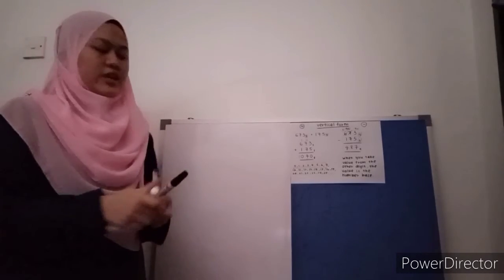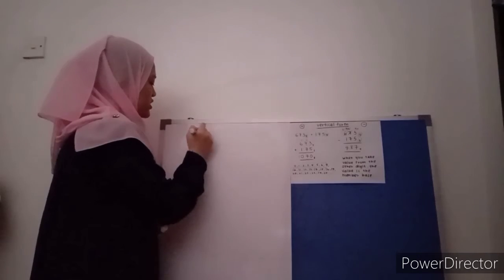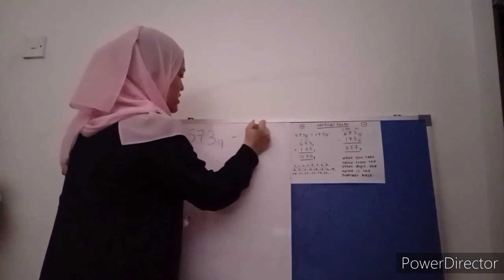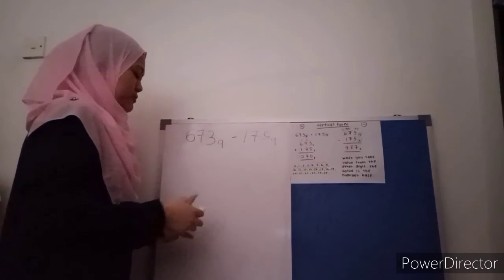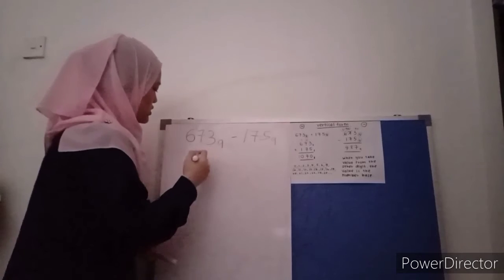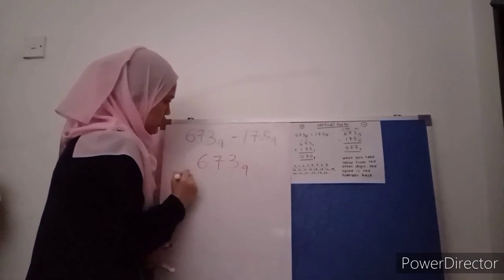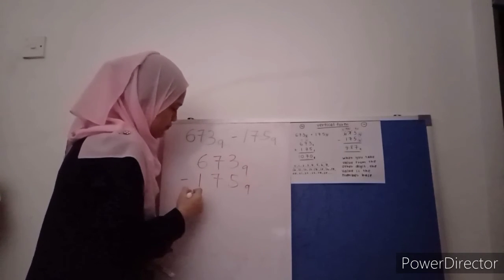For subtraction, it will be a little bit different from addition. I'll be giving you an example, which is 673 base 9 minus 175 base 9. So we got base 9 over here. 673 base 9 minus 175 base 9.